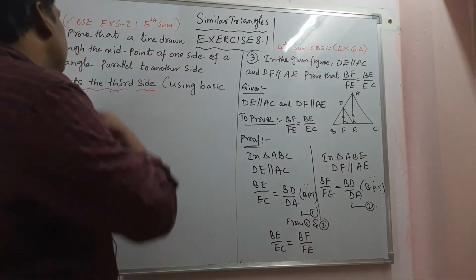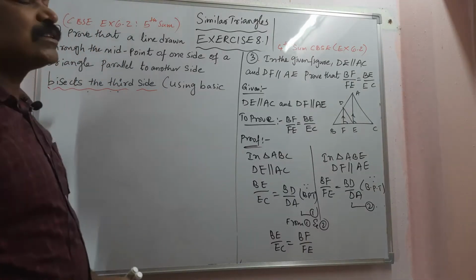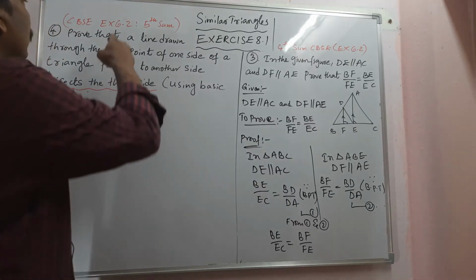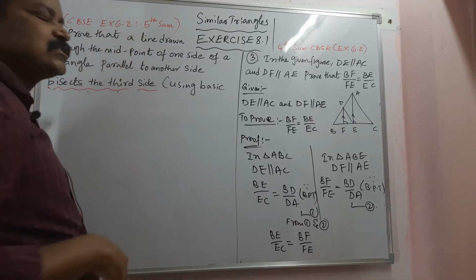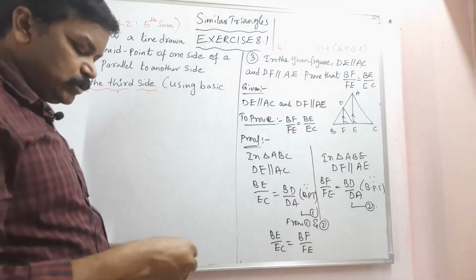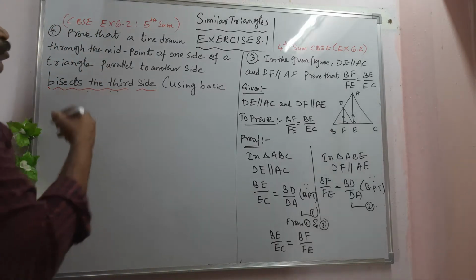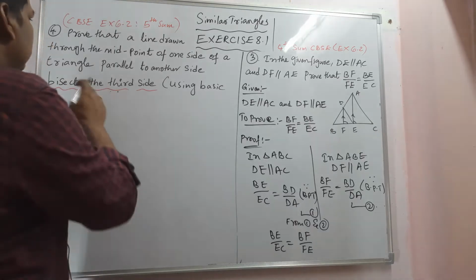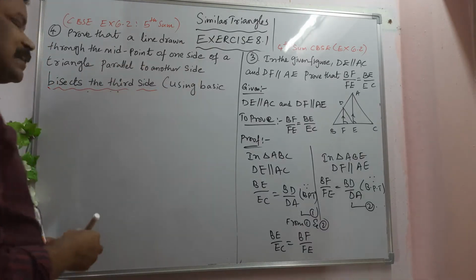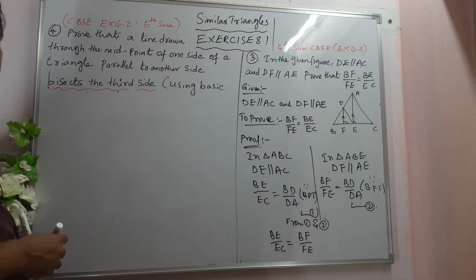See my dear students, the fourth question in exercise 8.1 or the fifth question in exercise 6.2 for CBSE students, the question is like this. Prove that a line drawn through the midpoint of one side of a triangle parallel to another side bisects the third side.